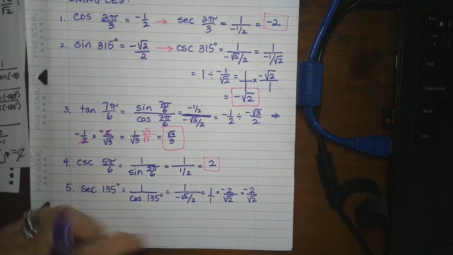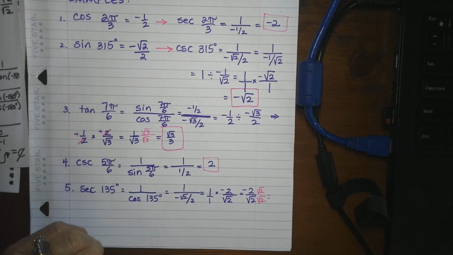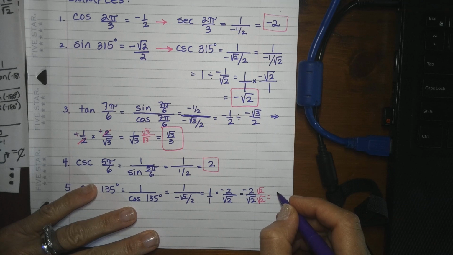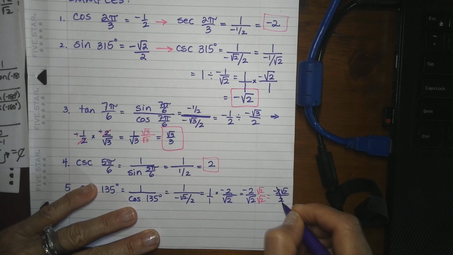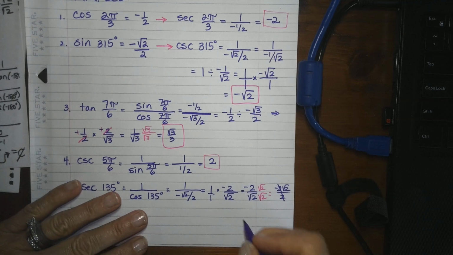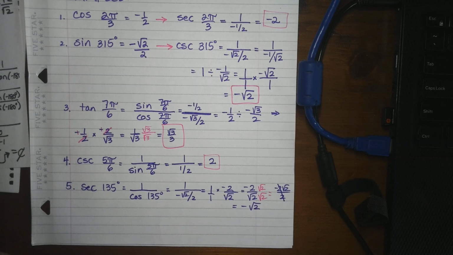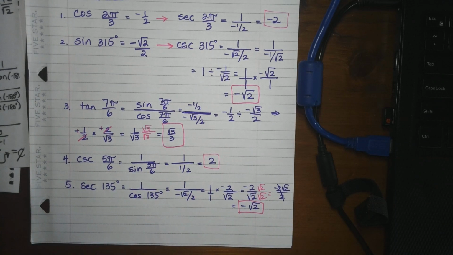I'm going to rationalize. That's going to give me -2√2/2. Those are going to cancel, and I end up with -√2.